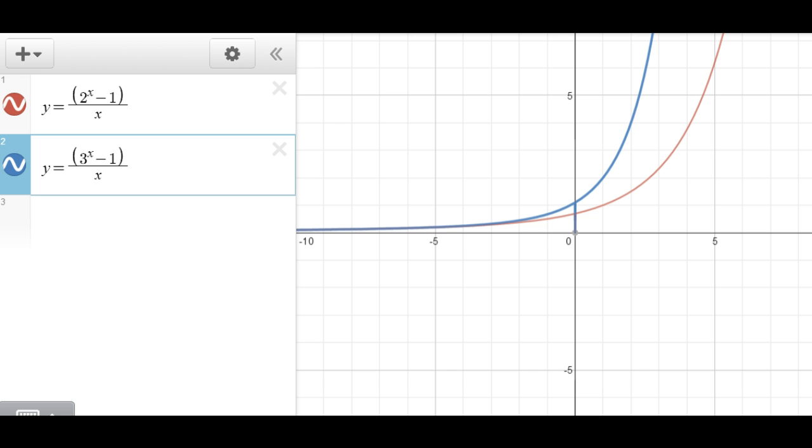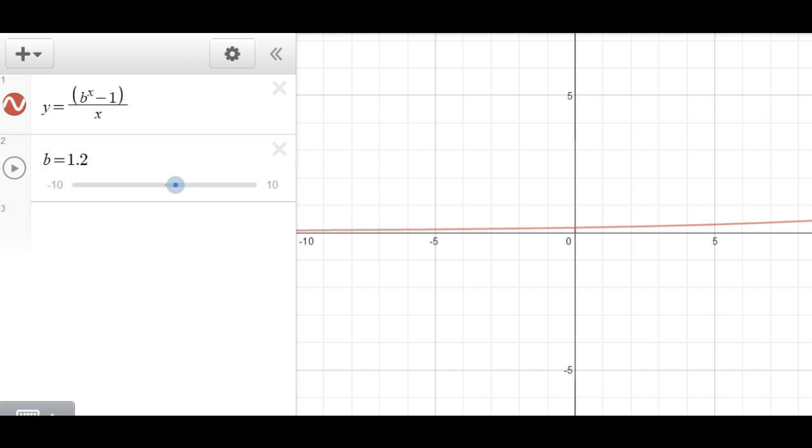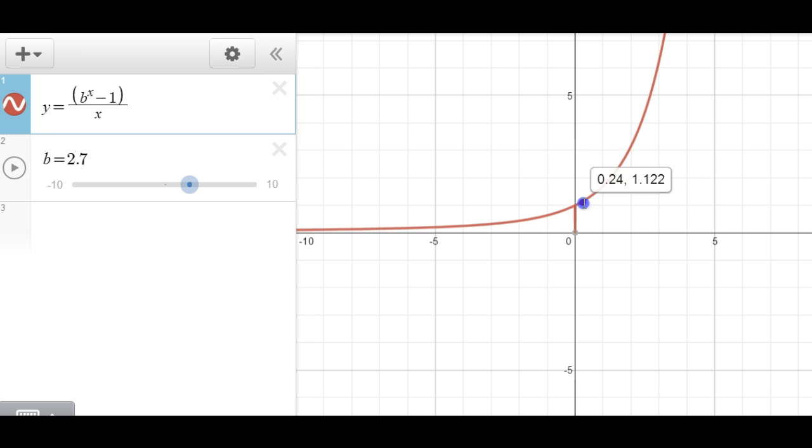So, towards that end, I should go back there. I have this set up with a slider for b, right? So what we want to look at is, when do we get to 1 here? So we know what happens at 2 or 3, right? Like there's 3 and we're a little bit above. And there we are, we're about on 1, right? 2.7, and we're getting close to 1.